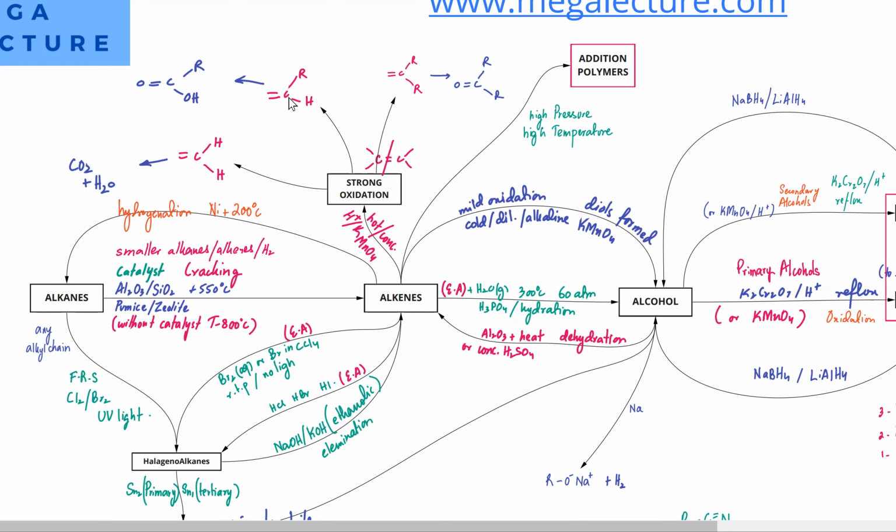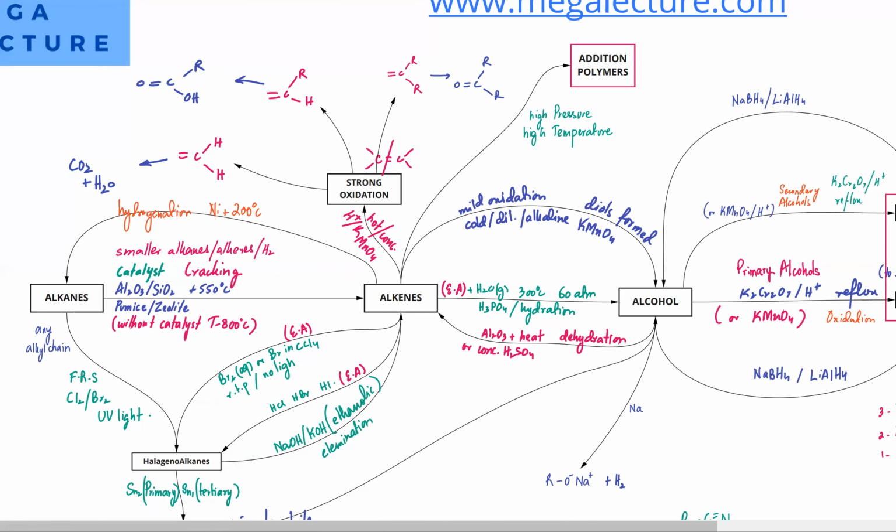Or the double bonded carbon atom had one carbon chain attached and one H, then it would turn into a carboxylic acid. Or the double bonded carbon atom had two hydrogen atoms, then it will be turned into carbon dioxide and water. So you've got these three options, but the first thing is that the double bond has to break. That is what happens in strong oxidation.